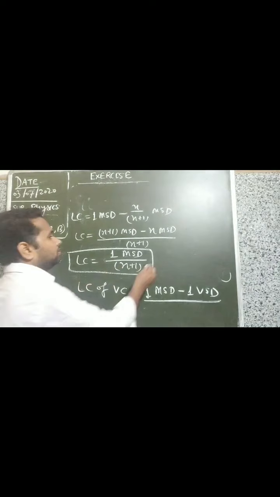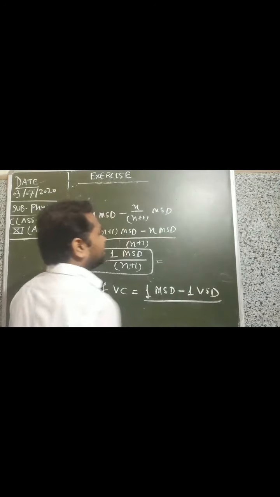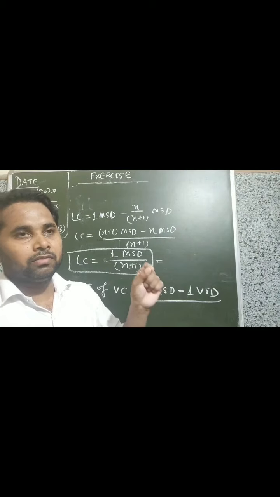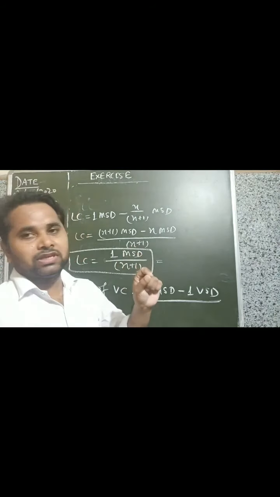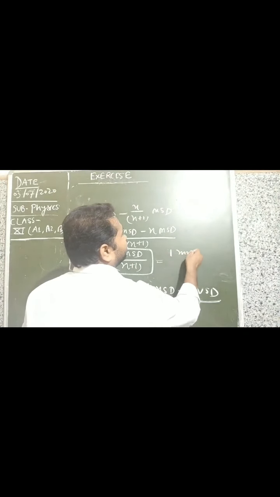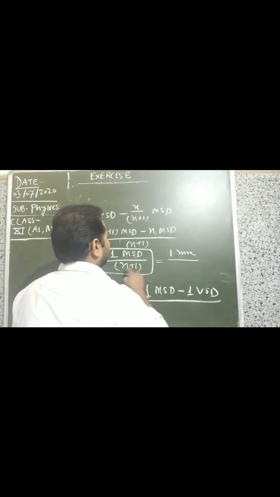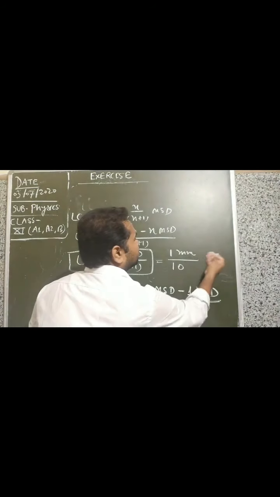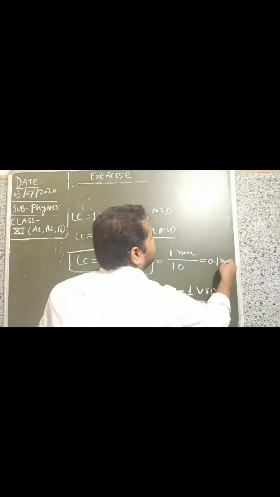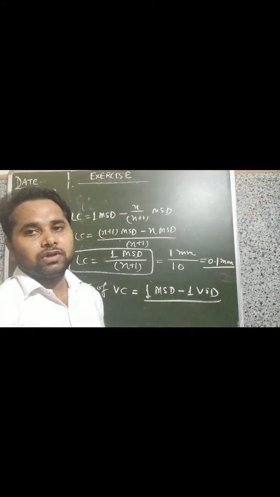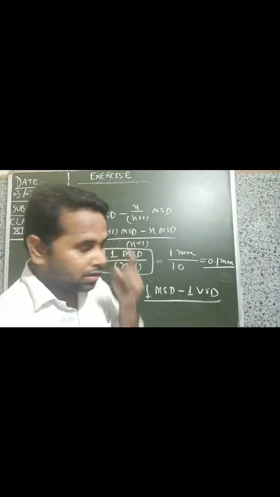I also told you that the main scale generally divides into millimeter divisions. Each main scale division equals 1 mm. So it is 1 mm upon 9 plus 1, which is 10. So 1 by 10 equals 0.1 mm. This is the least count of the Vernier calipers.